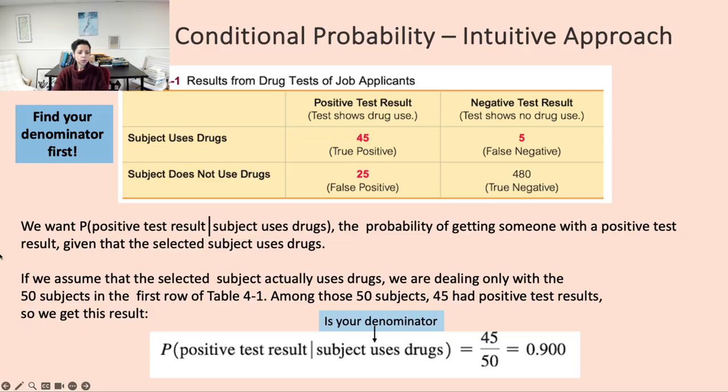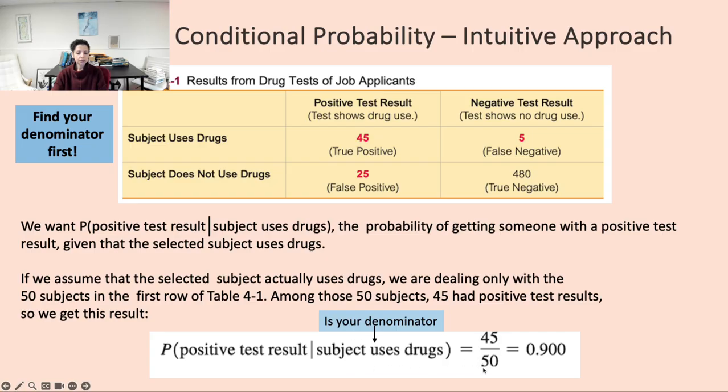And since we're looking for positive test results given that subject uses drugs, our starting condition is subject uses drugs. That's our denominator. So the amount of individuals who actually use drugs are this 45 plus 5. 45 that test positive and 5 that tested negative. So that's 50, and that goes in our denominator.